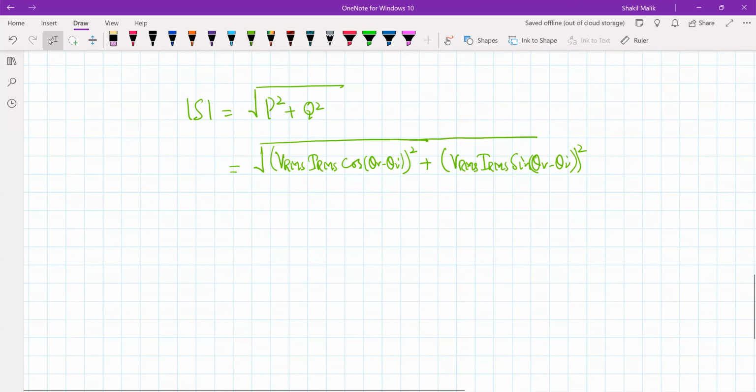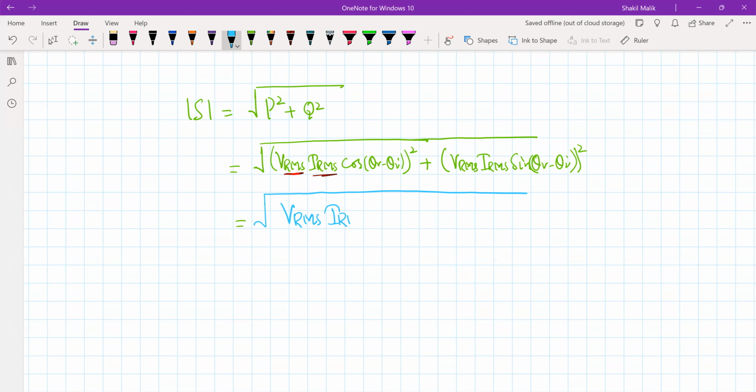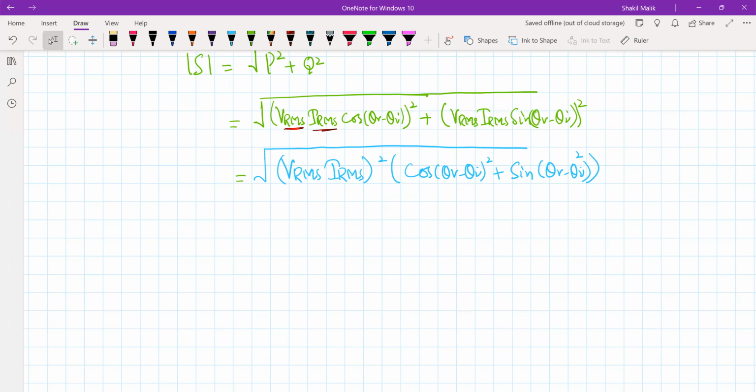And you can see both the terms have VRMS and IRMS as common, so we can take it out. So we can write VRMS IRMS whole squared times cosine of theta v minus theta i whole squared plus sine of theta v minus theta i whole squared. Now we can break it into the two roots.